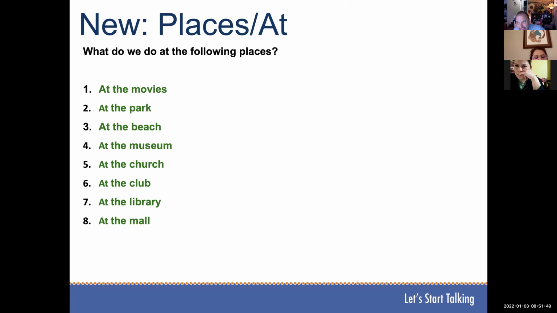The movies es decir las películas, pero también es decir el cine. Entonces, aquí estoy preguntando, ¿qué hacemos en el cine? What do we do at the movies? En los Estados Unidos se habla así. En Inglaterra yo creo que se dice the cinema o algo así, pero aquí en Estados Unidos, si te quiero invitar a ir a ver una película en el cine, yo te diría algo así. Do you want to go to the movies? Vamos al cine. Do you want to go to the movies? Entonces, ¿qué hacemos en el cine? What do we do at the movies? We watch the movie. Yeah, of course.